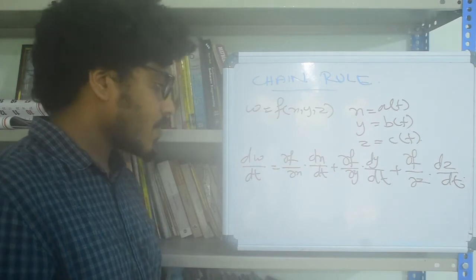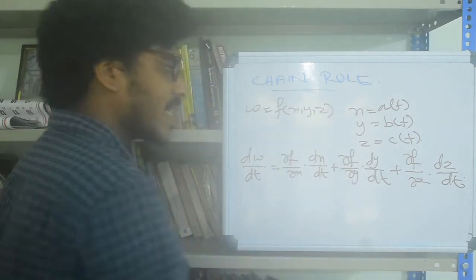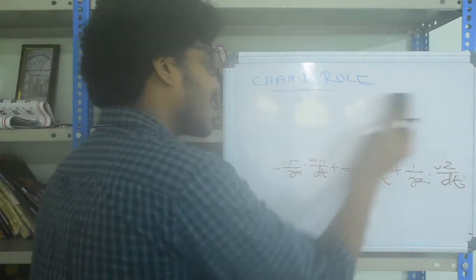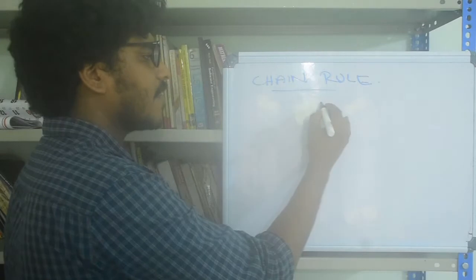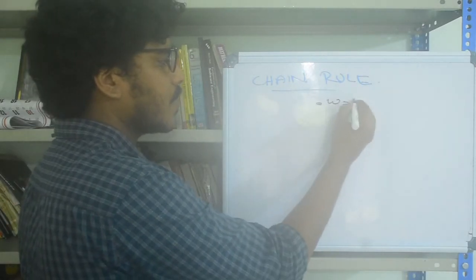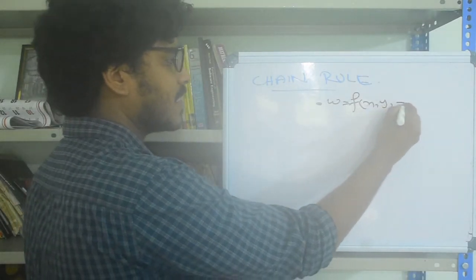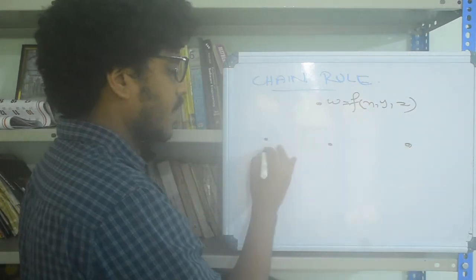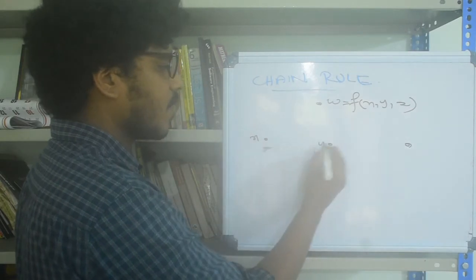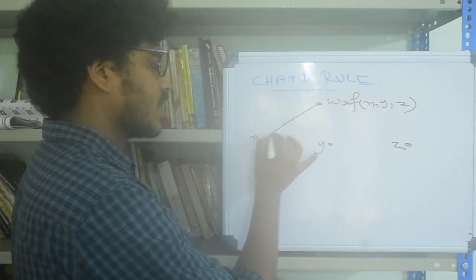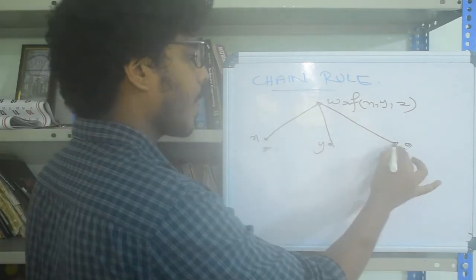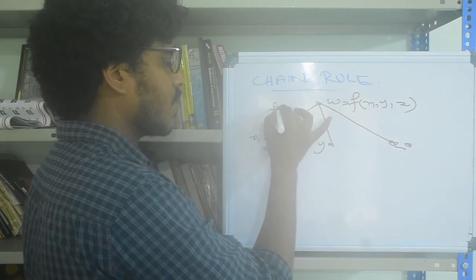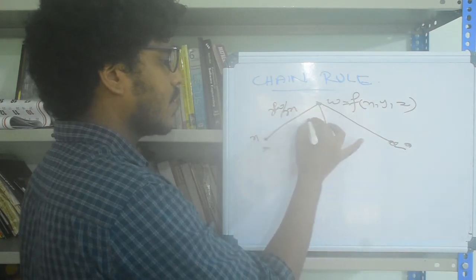Right. So can we use our previous tree diagram to represent the chain rule for three variables? Let's have a look at it. We have a function w equal to f of x, y, z. As we have done before, we have three variables here, x, y and z. So this has to be connected by means of partial derivatives. ∂w/∂x, ∂w/∂y, ∂w/∂z.